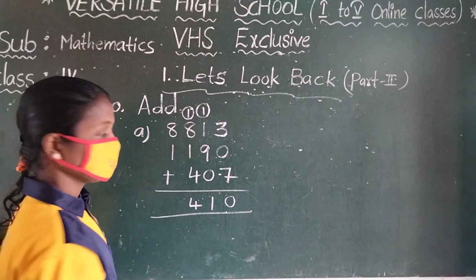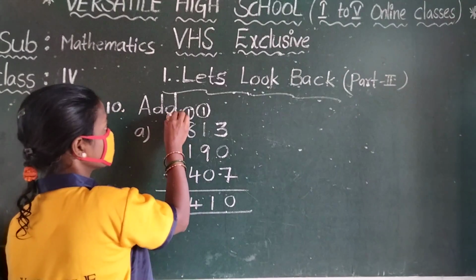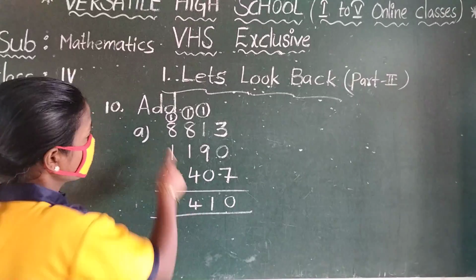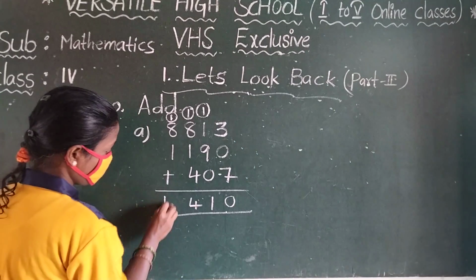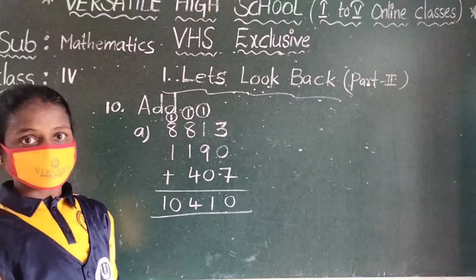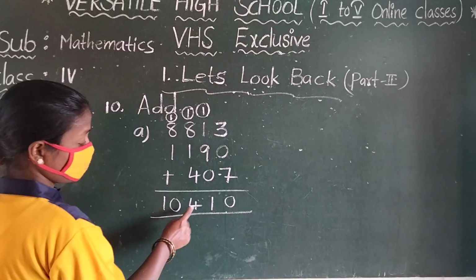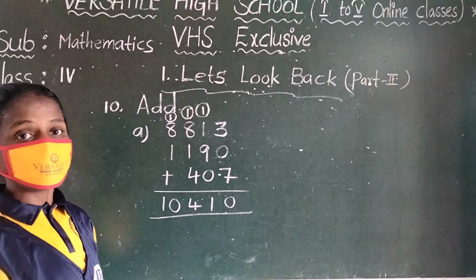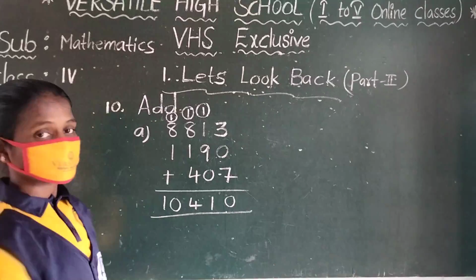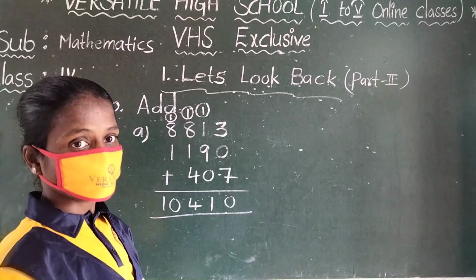So you write 14, with 4 in the ones place and 1 up. 8 plus 1, 9. 9 plus 1, 10. So this is our answer. You read it in number names: 10,410. The remaining B and C bits you practice in your textbook.